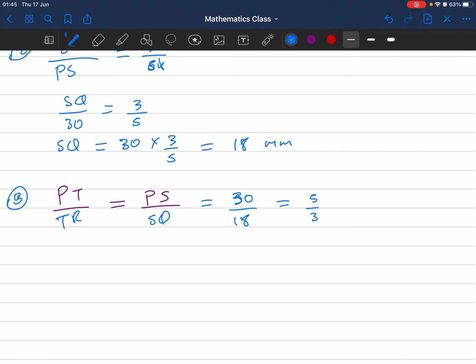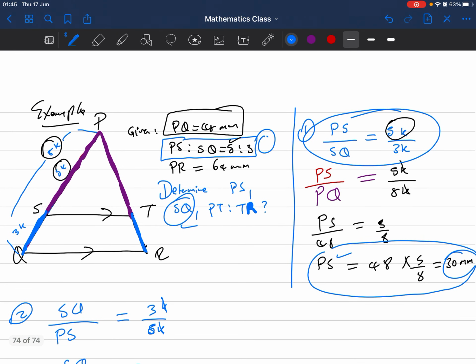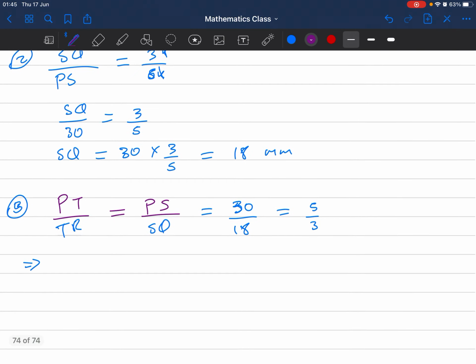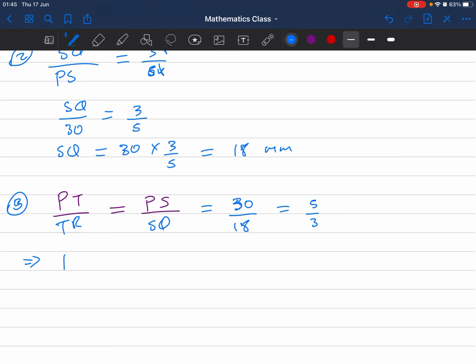So that's your ratio, 5 over 3. Therefore, we need to write it in the form they ask. PT is to TR is equal to 5 is to 3. That's your answer. Awesome.